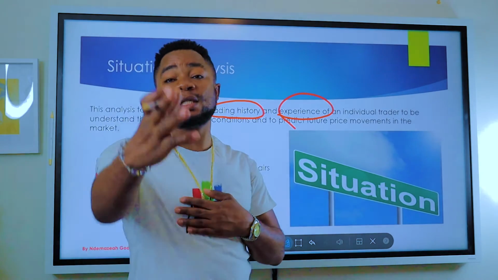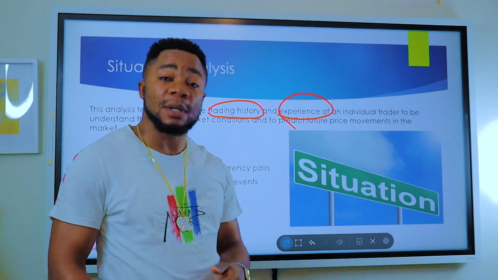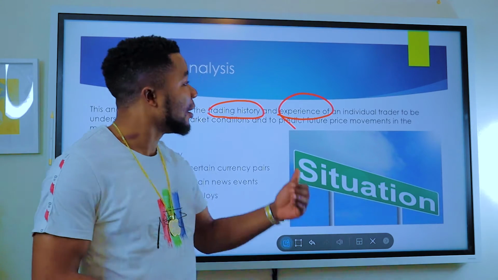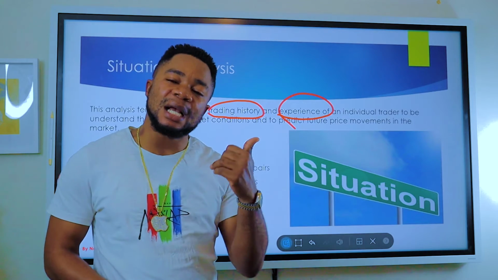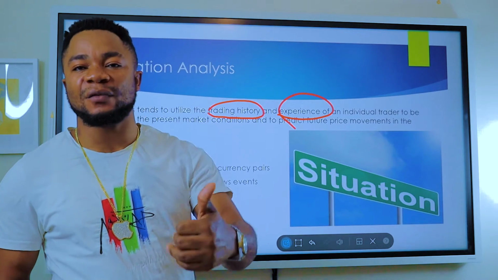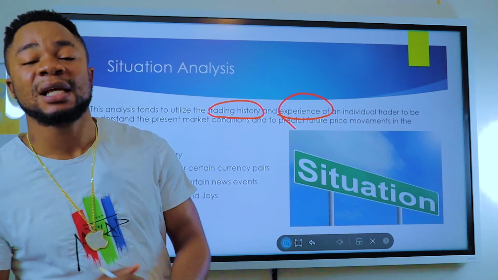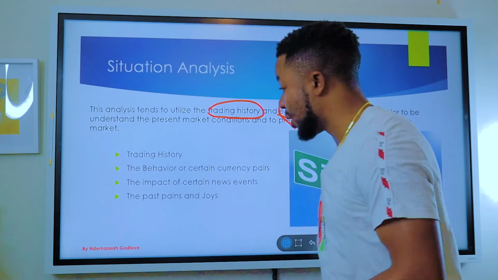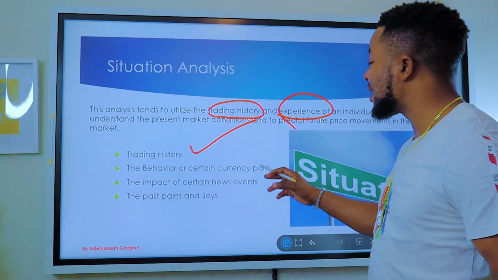Because my own trading history might not be the same as your own trading history. My experience might not be the same as your own experience. That is why you see situational analysis becomes subjective. It becomes subjective to different individuals because different individuals have different degrees of experience and different degrees of trading history. So here you can say you use trading history and the behavior of certain currency pairs.